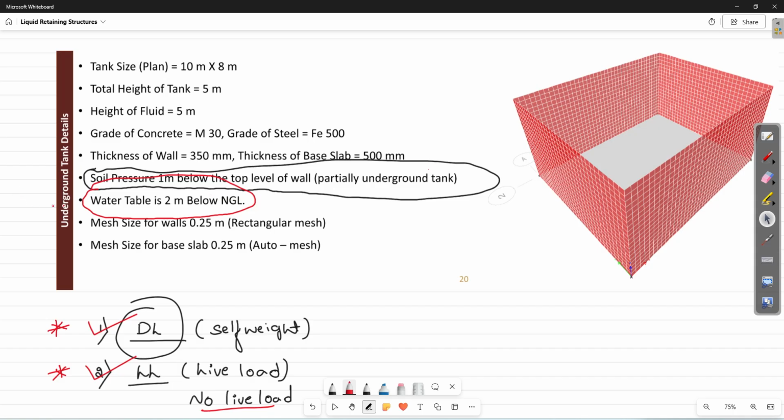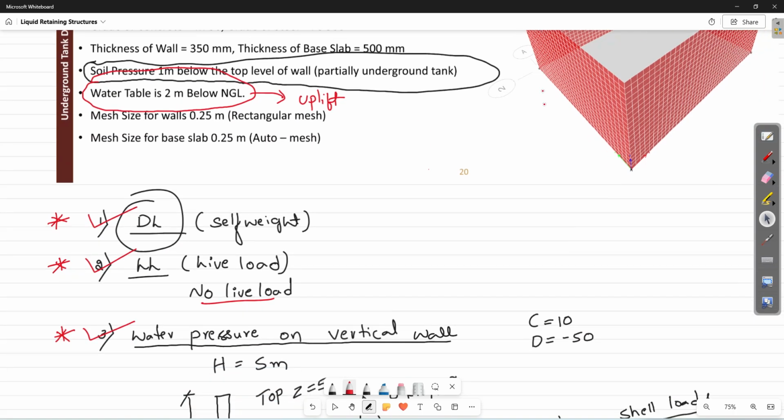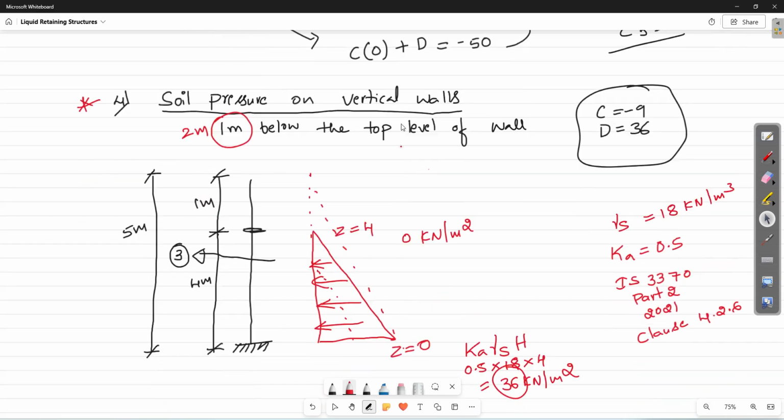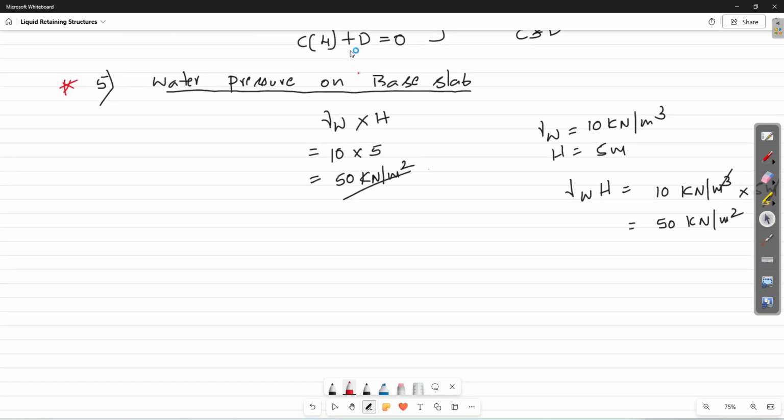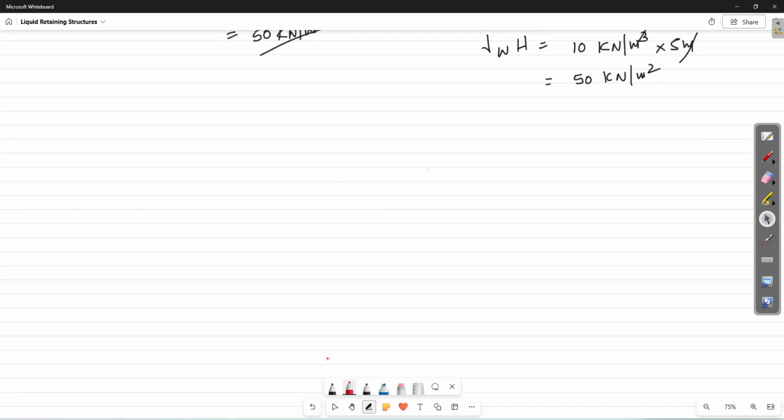This presence of water table will cause uplift. So the next load calculation is uplift on base slab.